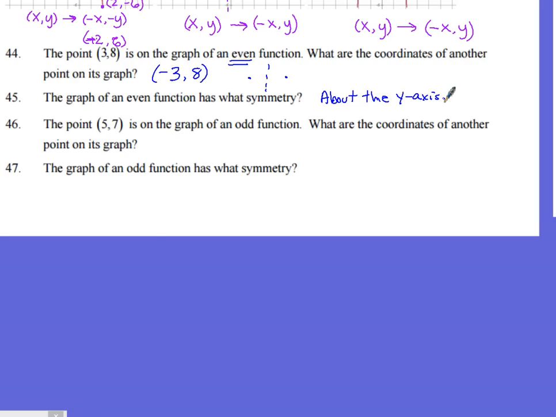If the point 5, 7 is on the graph of an odd function, then what are the coordinates of the other point? It's going to be the opposite of 5 and the opposite of 7. I say opposite instead of negative, because if it started out as negative, it's going to become positive. It's just the opposite of whatever we saw. The graph of an odd function has what type of symmetry? It's symmetric about the origin.